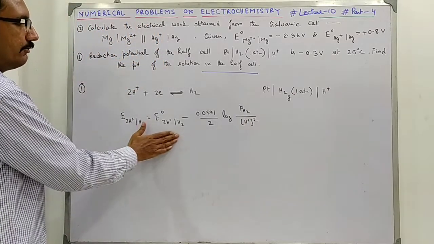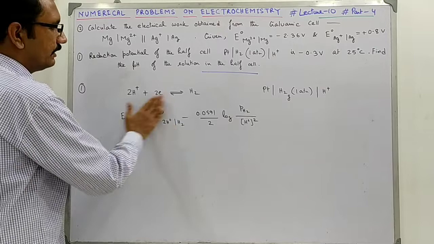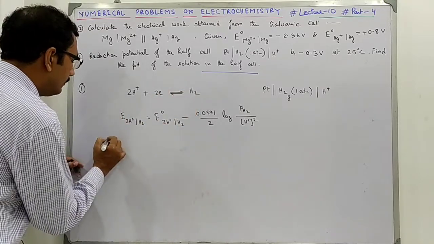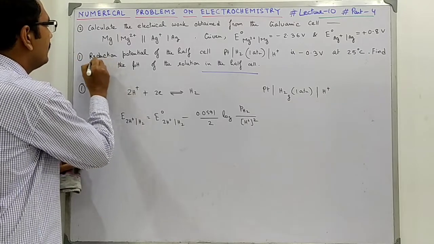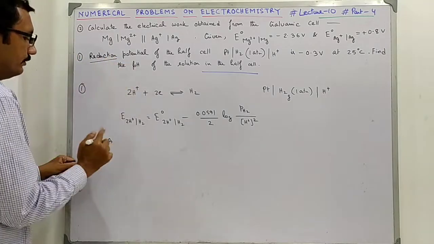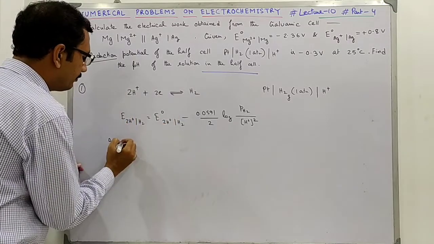So, this is the Nernst equation that we will be able to write for this reaction. Now, it is given that this reduction potential is given, so we have written it in the form of reduction potential.